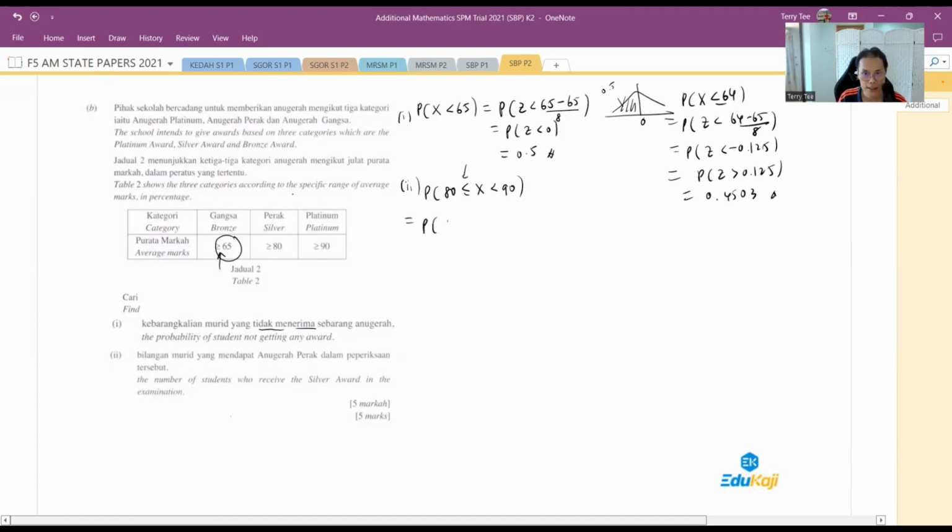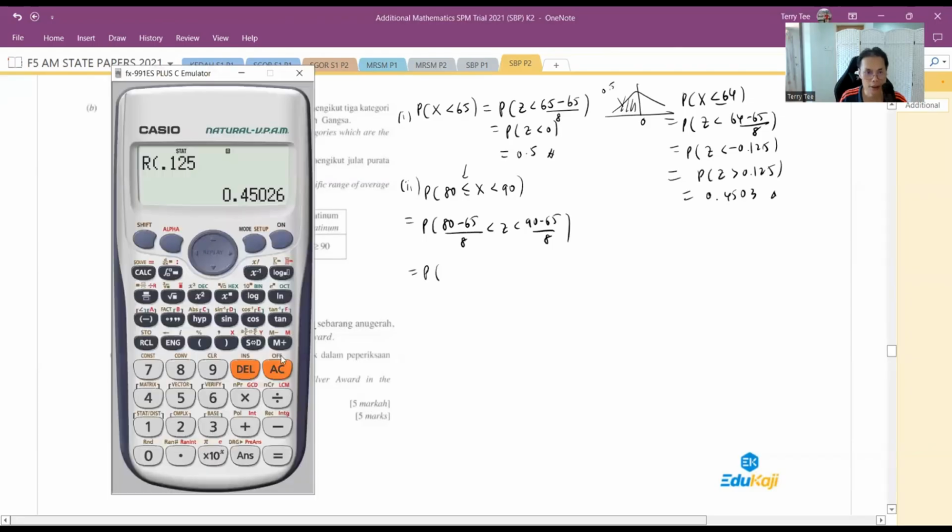So we should standardize this: minus 65 divided by 8. This will be 90 minus 65 divided by 8. Let me show you here. 80 minus 65 is 15, divided by 8. There you go, 1.875.